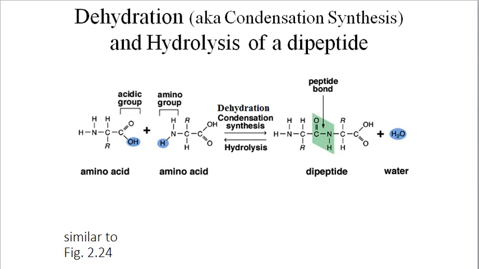An OH from the carboxyl group of one amino acid and a hydrogen from the amino group of the second amino acid are split off and form a molecule of water. A new covalent bond then forms between the carbon and the nitrogen atoms. It's this bond that we call the peptide bond. Plant and animal proteins in your diet are broken down using hydrolysis. A molecule of water is inserted, breaking the peptide bond.